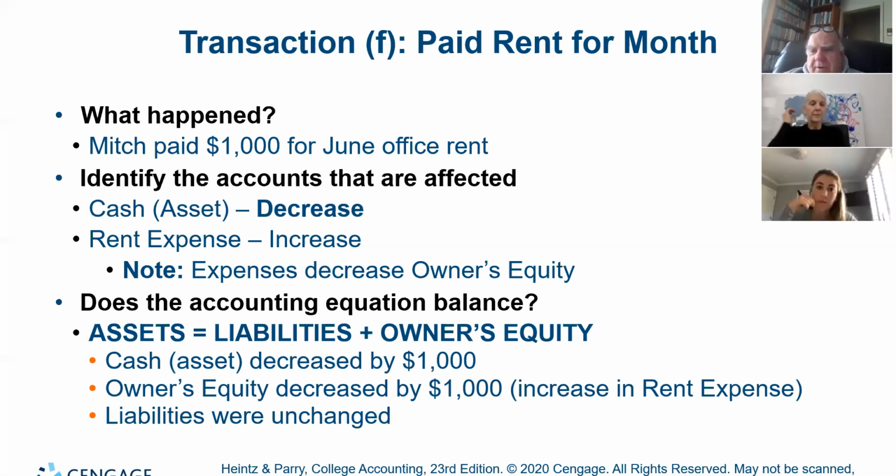Here we go. He had to pay the rent. Well, I'm pretty sure he paid it with cash, and rent is an expense. So an expense went up and an asset went down by 1,000. Look what happened to owner's equity. Looks like that's going down too.